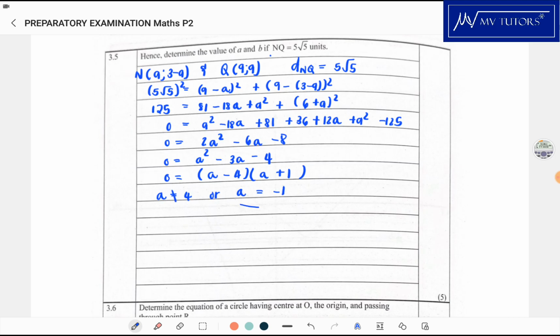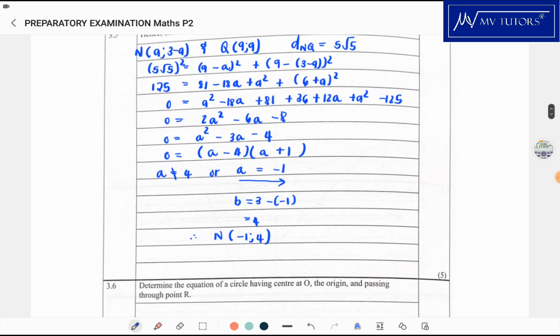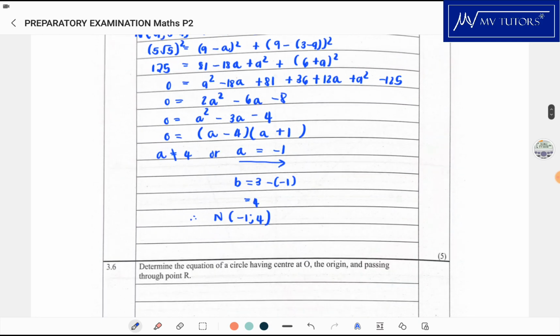We know that A is equal to negative 1, and because B is 3 minus A, B is 4. Therefore, N is (negative 1, 4). They didn't really ask for the coordinates of N, just the values of A and B.